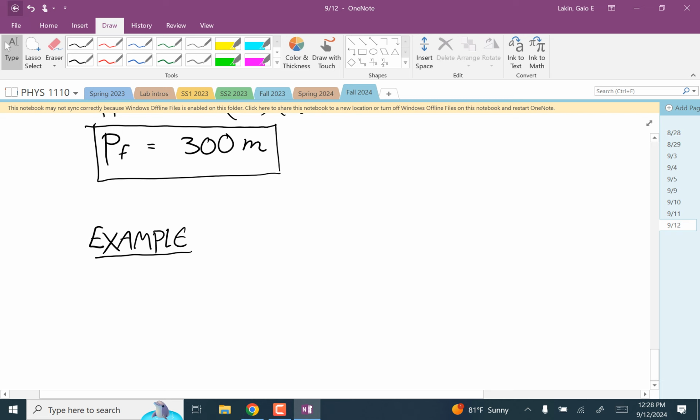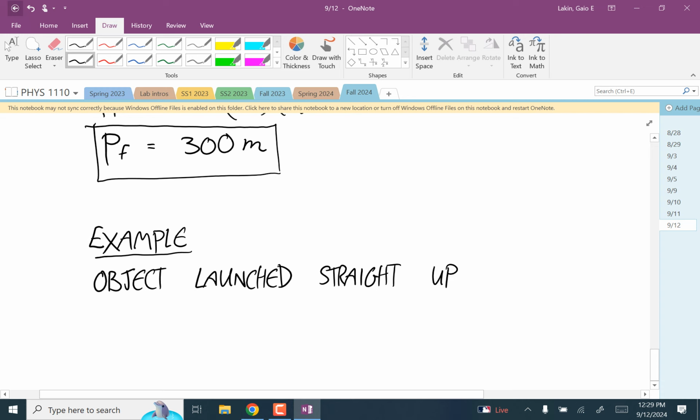Okay, the next one. So let's say that an object is launched straight up with a speed of 8 meters per second from a height of 2 meters.